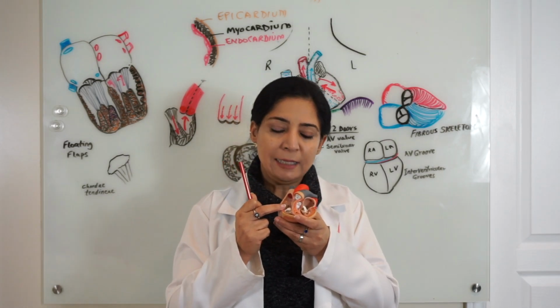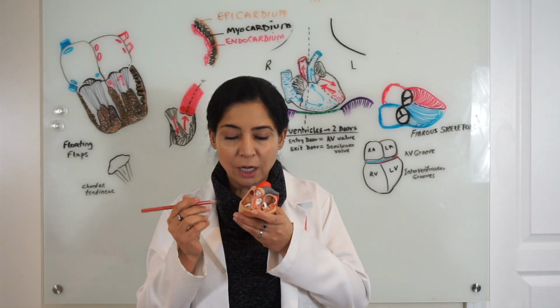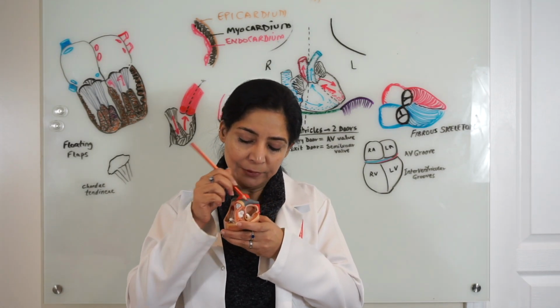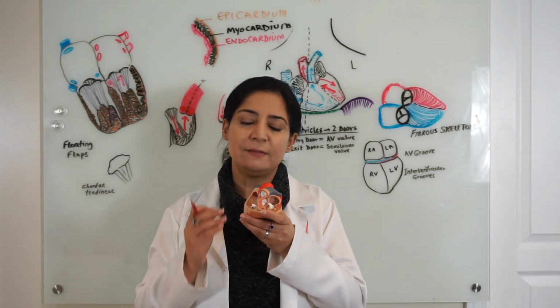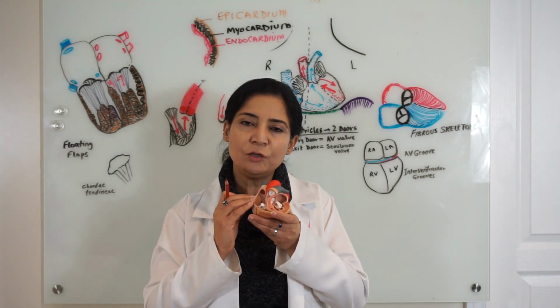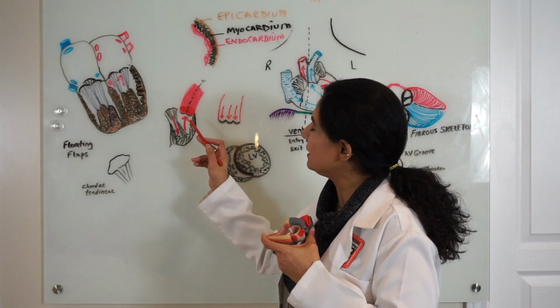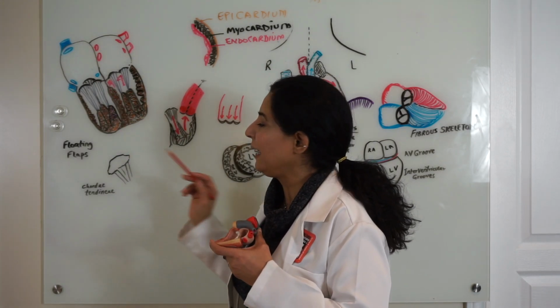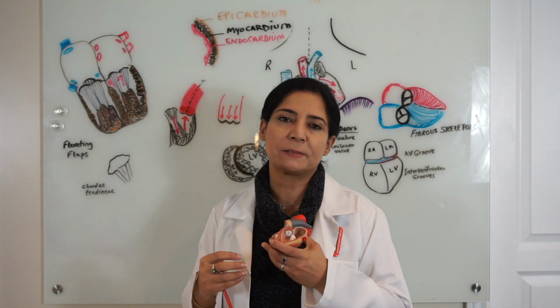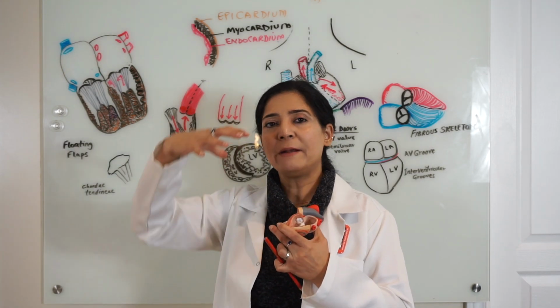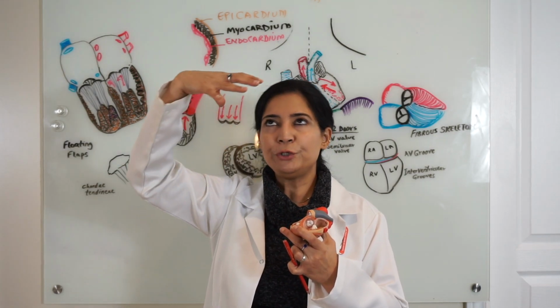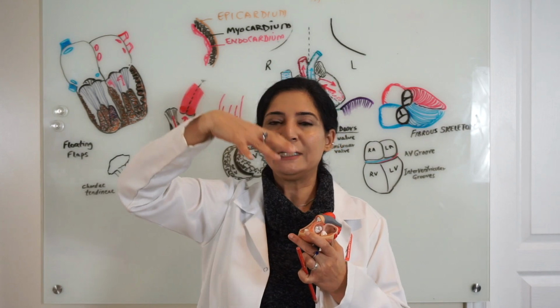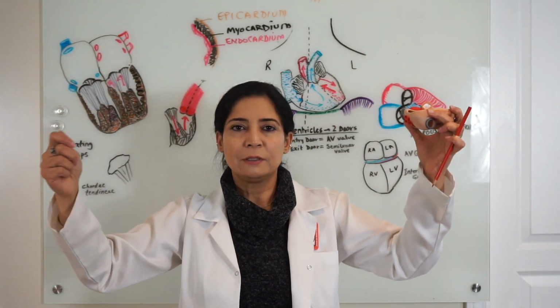Okay, let's talk about these AV valves, the valves between the atrium and the ventricle. Here you can see that these are the valves or the AV valves which have cusps. So they are like parachutes. So I want you to imagine a parachute when it is open.